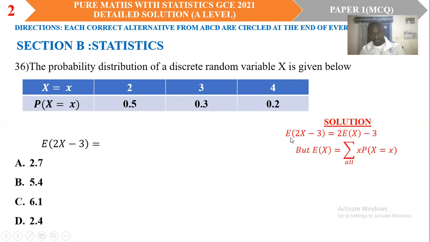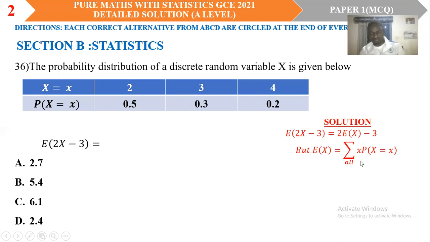Now, properties of expectation say that the expectation of 2x minus 3 will be given by 2 times the expectation of x minus 3, since the expectation of a constant remains that constant. The expectation of x from the formula is the summation of all x P of x equals small x.